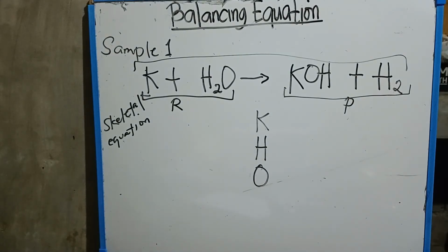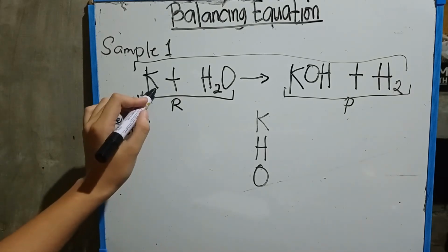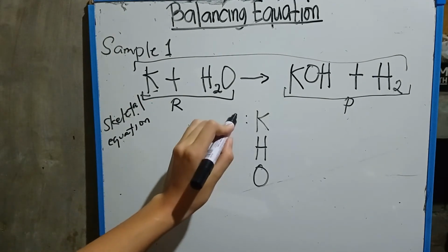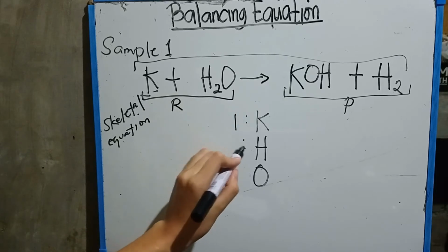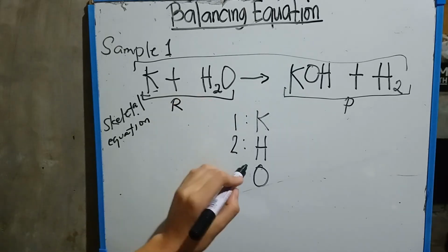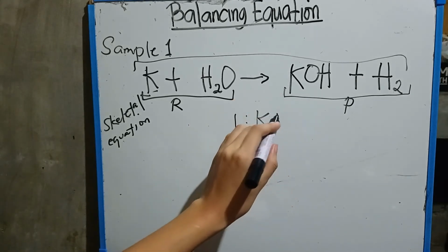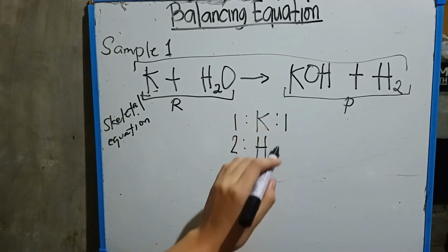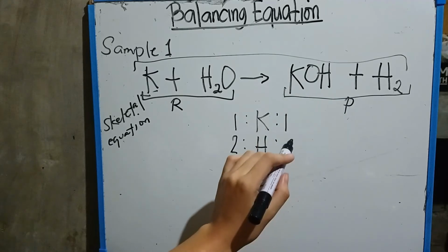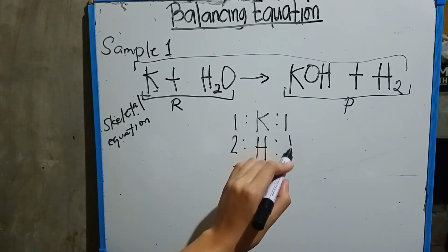Next, write the coefficients that are present in the reactants and our product. So our potassium is 1, our hydrogen is 2, our oxygen is 1. Then sa product naman, our potassium is 1, our hydrogen is 3.